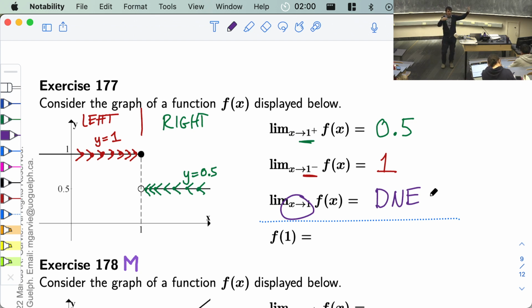As soon as the left limit is a half and the right limit is 1, they are not equal. Therefore, the two-sided limit does not exist. You could also say the limit does not exist because if you did one of these alternating sequences that goes on the left, on the right, on the left, on the right, the limit of that sequence would not exist. So as soon as the left and the right are not equal, the whole limit does not exist.